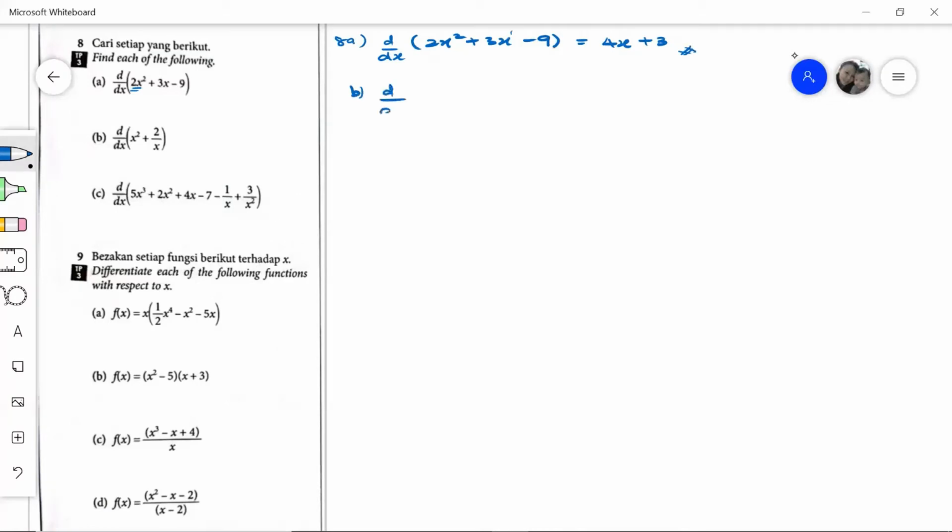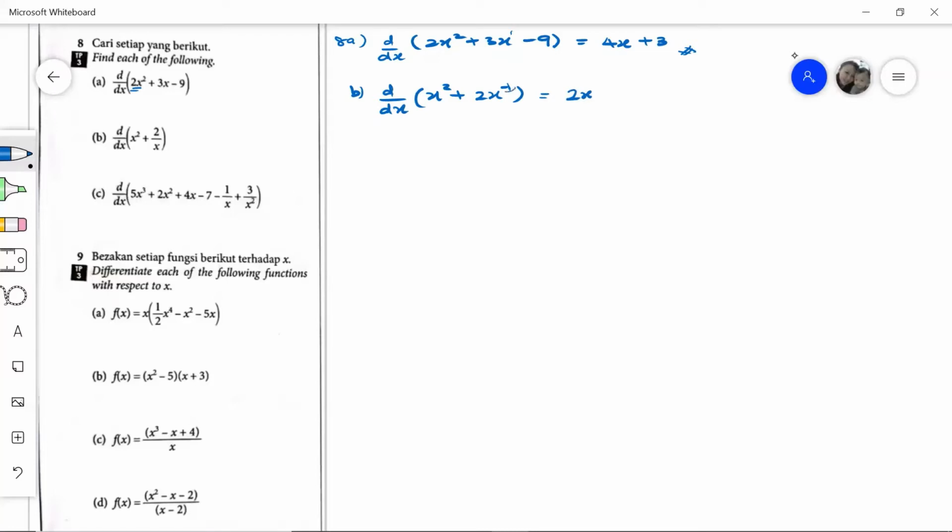All right, B. To differentiate x squared plus, again, always write it such that there's no x in the denominator. So we write it in negative index and start to differentiate it. Bring down the power and reduce the power by 1.